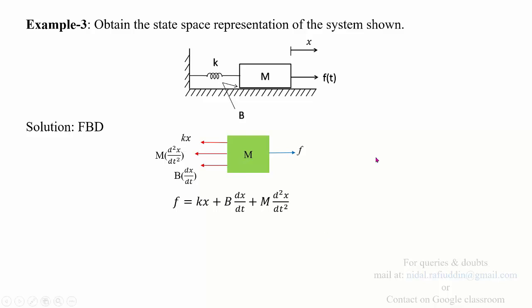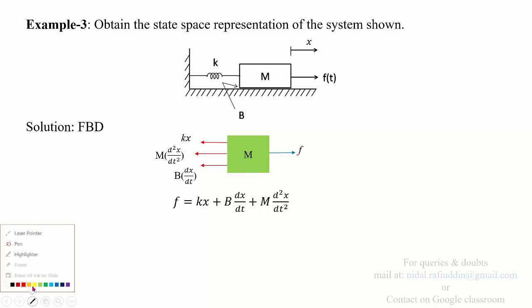And notice that normally when we talk about state space representation, the nomenclature used for state was x. Since x in this case is used as output, you will have to assign some other names to the state variables.